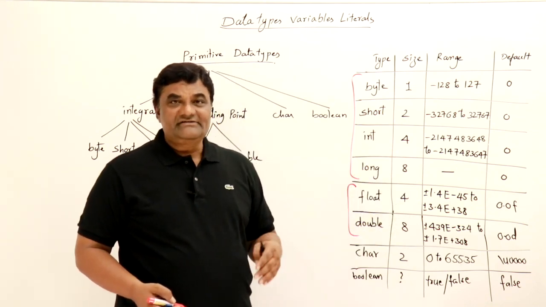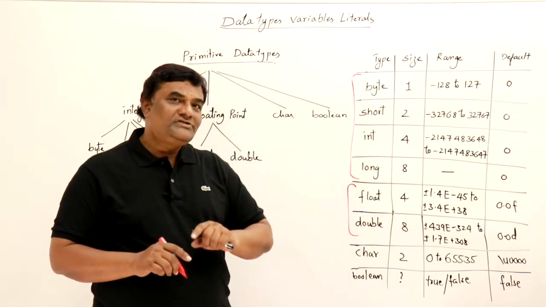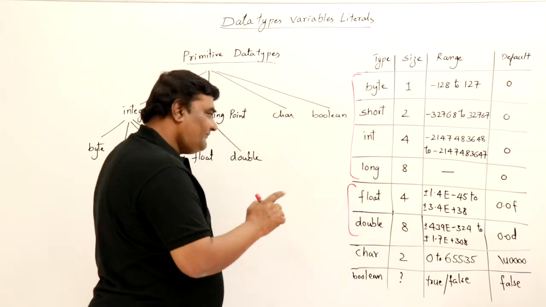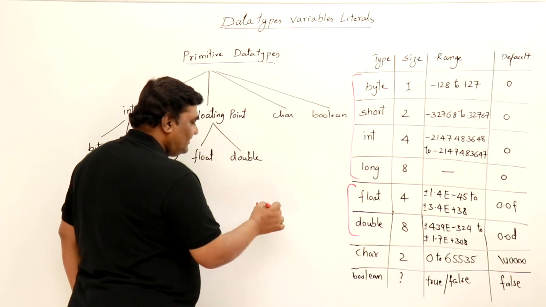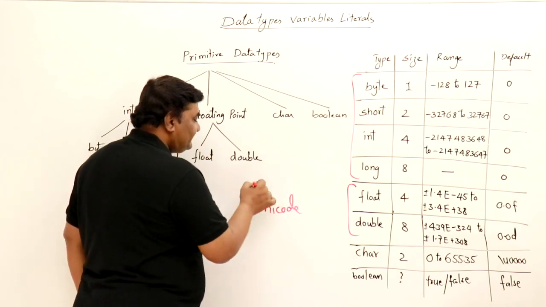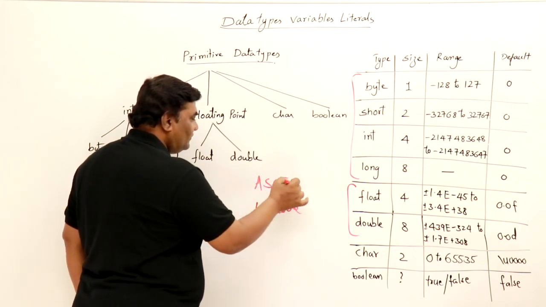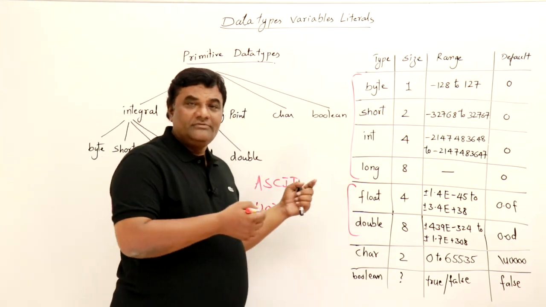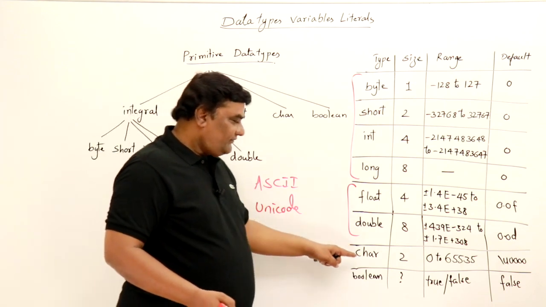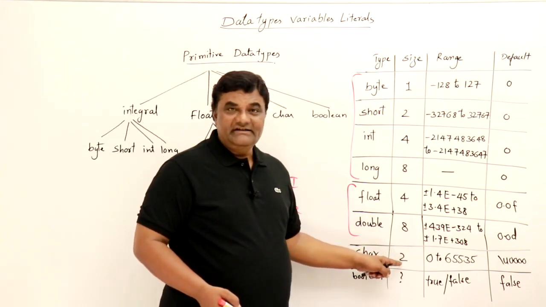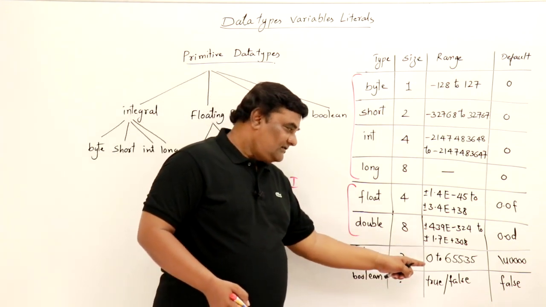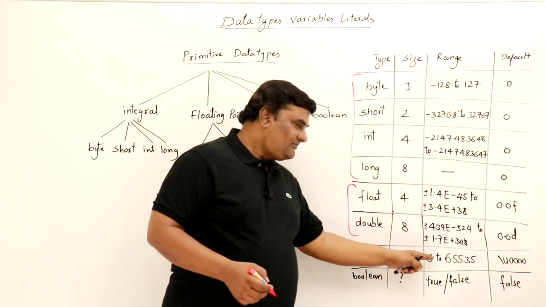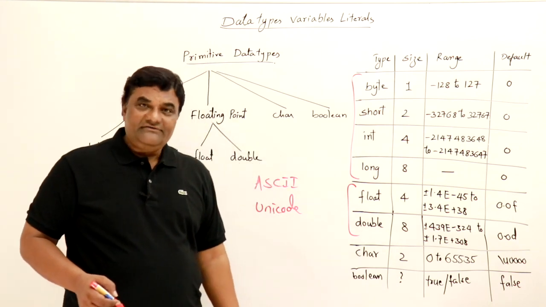To support that, it takes character as 2 bytes, because for all other languages we have the codes called Unicode, but for the English language the codes are ASCII code. So Java supports Unicode, and ASCII code becomes a subset of Unicode. For supporting all other languages it takes 2 bytes. And character cannot be negative, so it supports only positive values ranging from 0 to 65535.